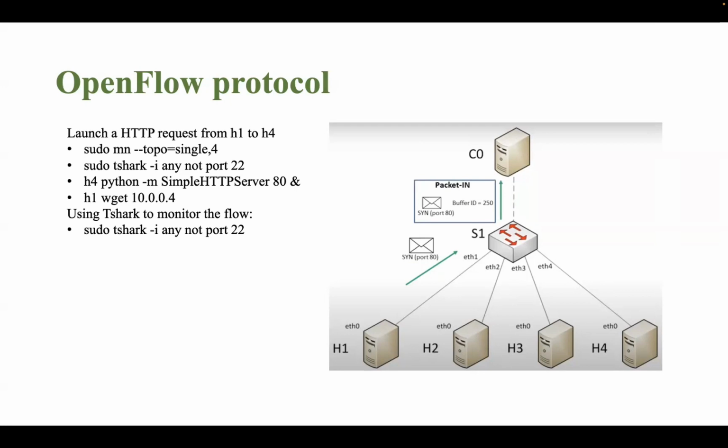Because the SYN packet is buffered in the switch S1, the switch S1 could send the entire SYN packet encapsulated in a packet in message to the controller, or it can just send the buffer ID reference in the packet in message to the controller. Then the controller will send a packet out message to the switch, or it will send a flow modification message to the switch.